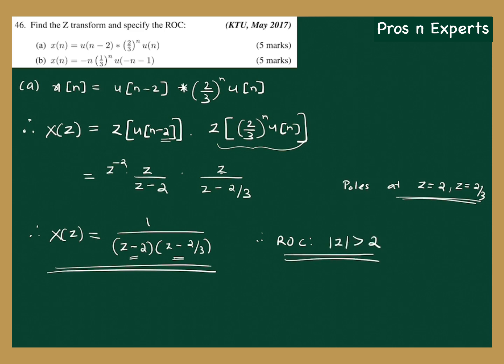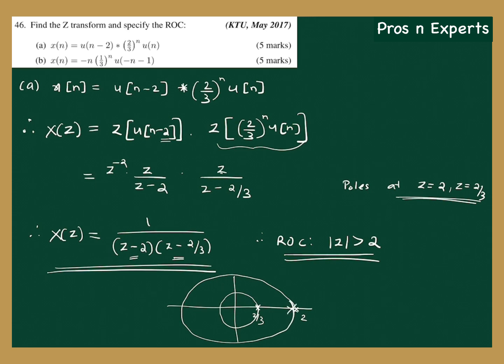I can explain this once again if you are a bit confused, because we have two poles. One is at 2 by 3, so this is the circle corresponding to that pole. The other pole is 2, so assume that this is the circle corresponding to 2.